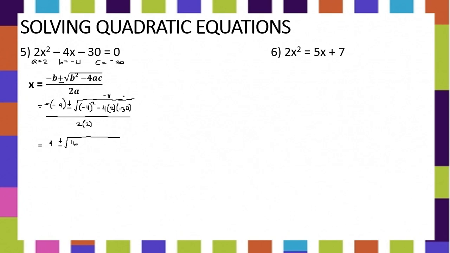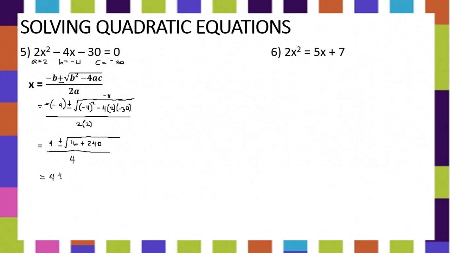Negative 8 times negative 30, positive 240, over 2 times 2 is 4. Simplify.